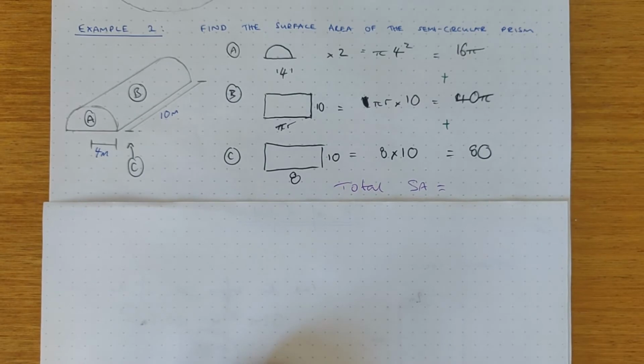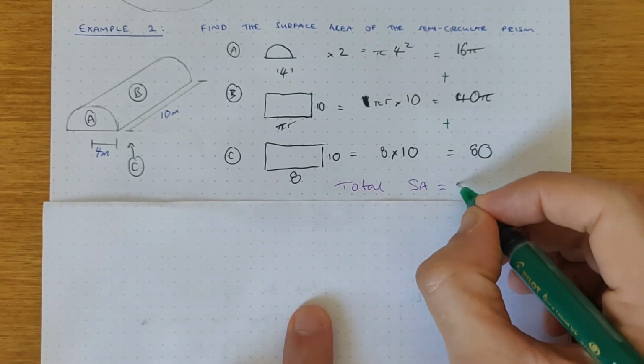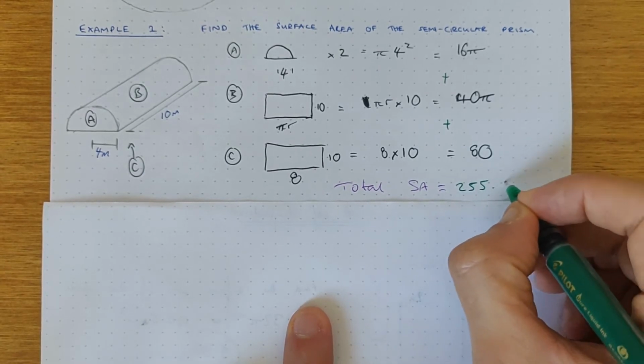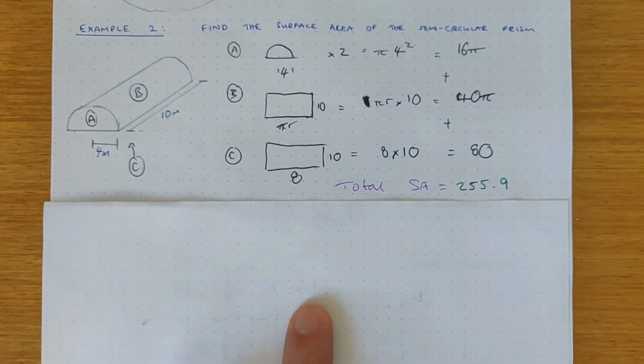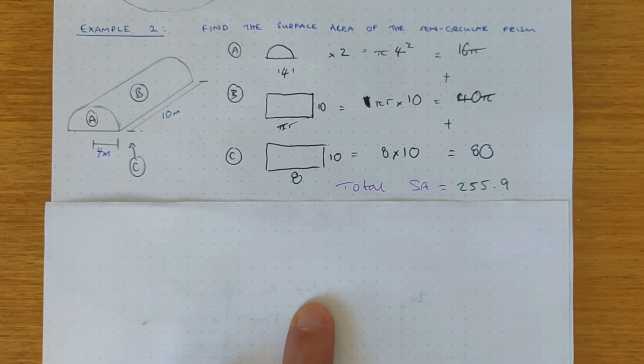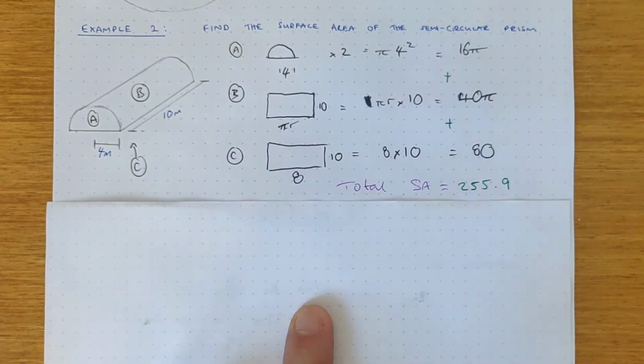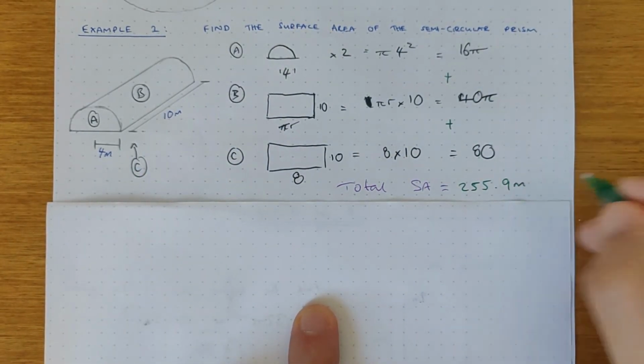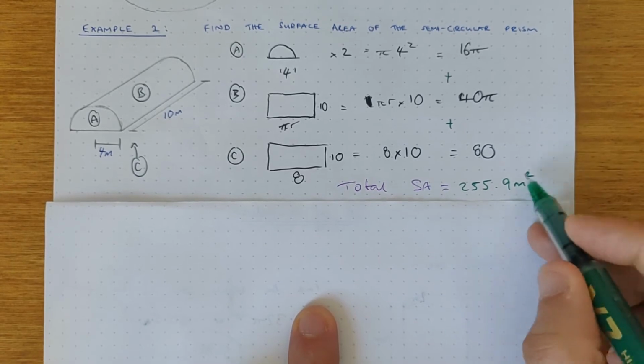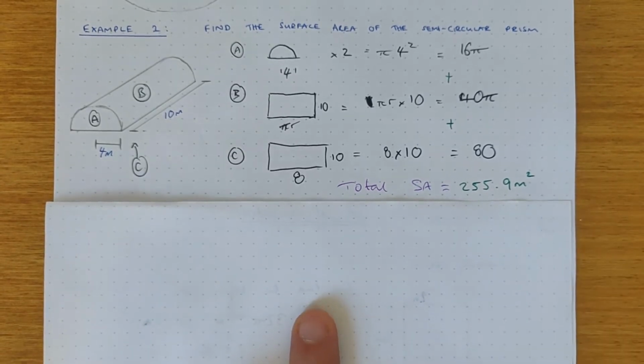And when I type that into a calculator, the answer that I will get is 255.9, and I need to just return to my diagram to make sure that I'm getting my units correct. Now we can see that each of the units here is meters, so this will be meters squared as it's an area. Importantly, this has to be squared.